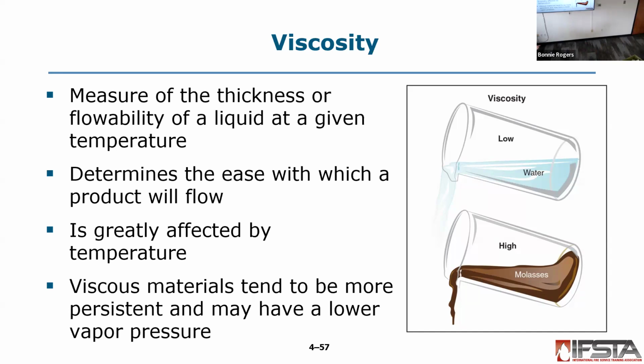So we have two semis racing around the Fruit Loop, and one carrying molasses tipped over and one carrying ethanol tipped over. What's going to happen? The molasses is going to crawl out.